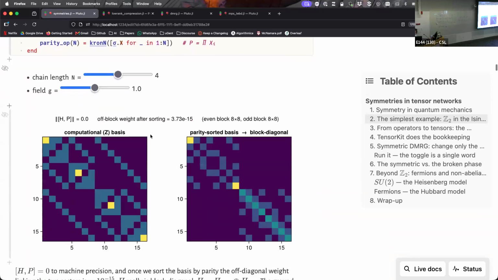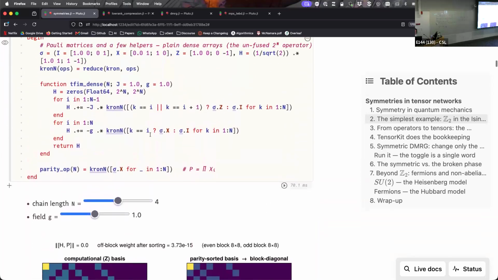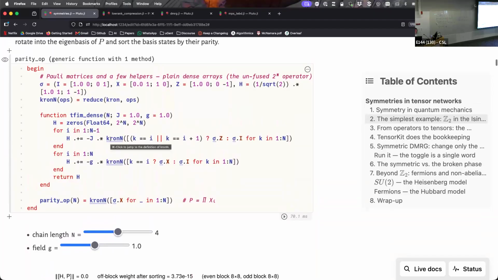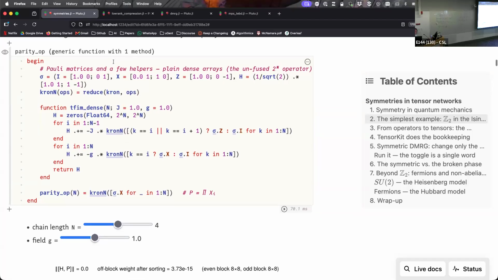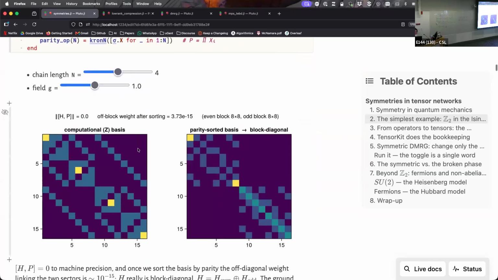And so you can see this in action. Here I'm building, again using the same machinery we had before but now with dense matrices to make it a little more obvious, the full Hamiltonian on n sites. I'm sorting all of them by the eigenvalue of my flip operator, and I'm checking what the result is.